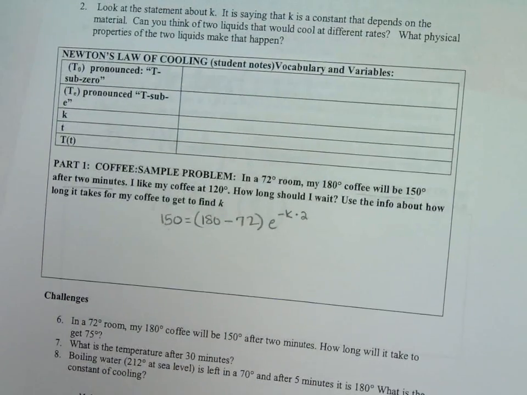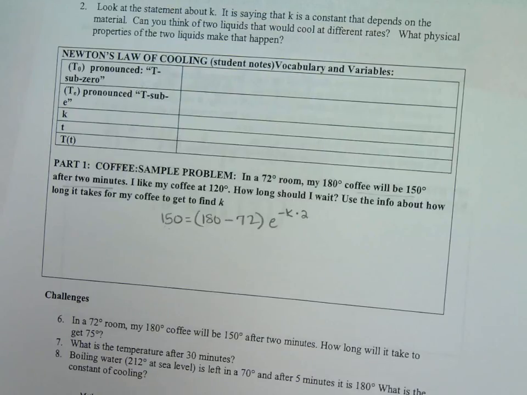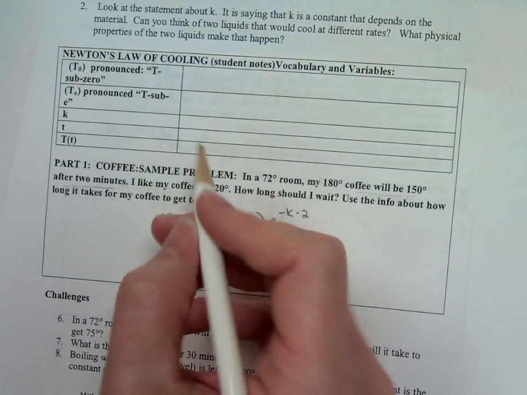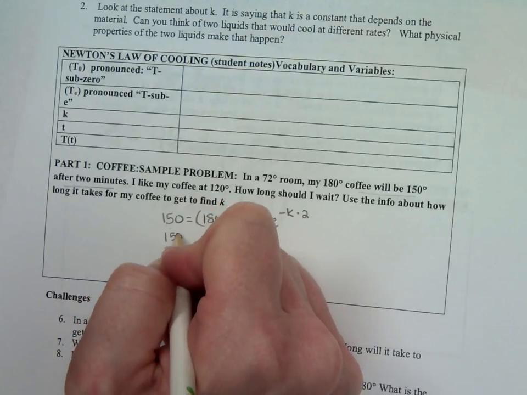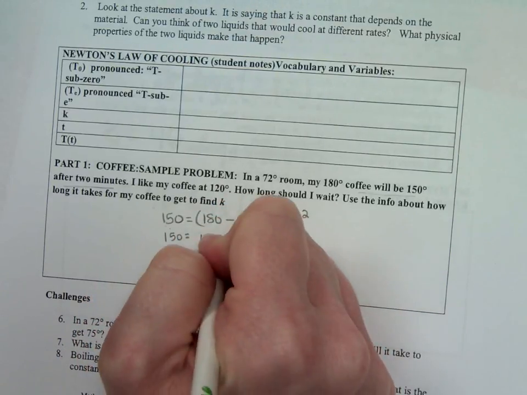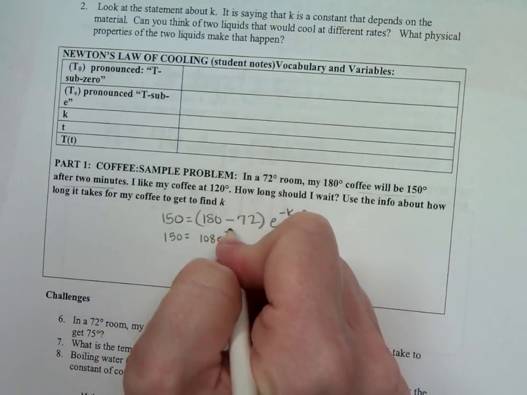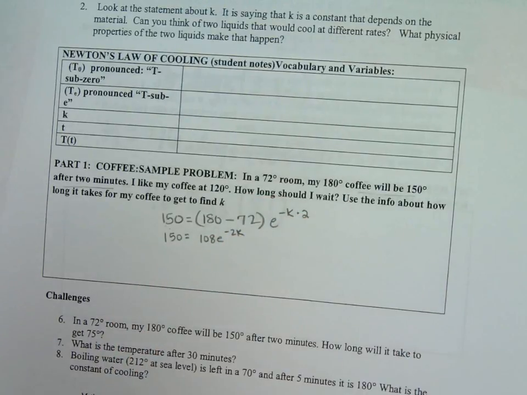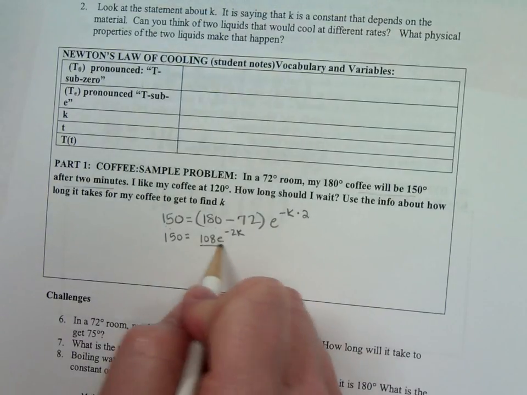What do I need to do here? What's in parentheses? Okay, what's 180 minus 72? 108. 108 e to the negative 2k. Then what happens? Divide by 108.